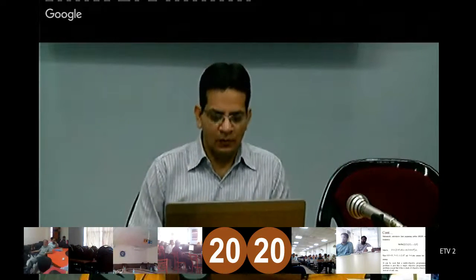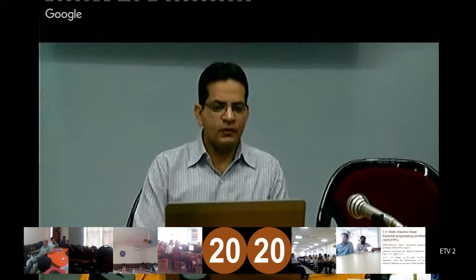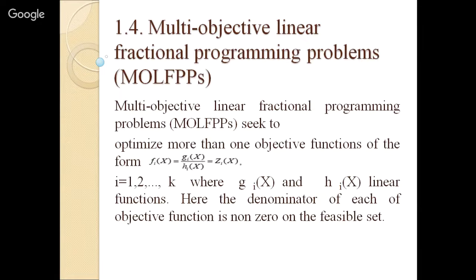Okay. Now we come to multi-objective linear fractional programming. It is again an extension of multi-objective programming problems. A multi-objective linear fractional programming problem seeks to optimize more than one objective function, and the objective functions are in this format, where f_i(x) is equal to g_i(x) upon h_i(x), both linear, numerator upon denominator.